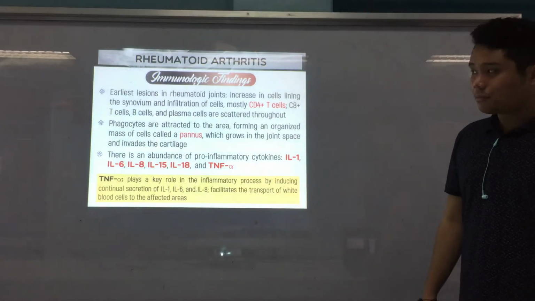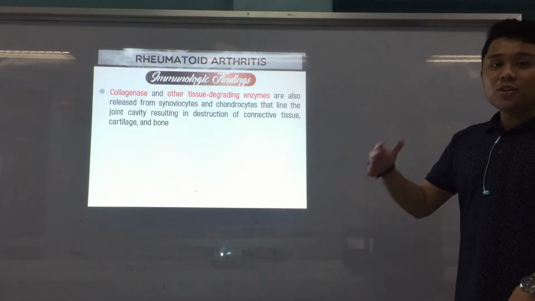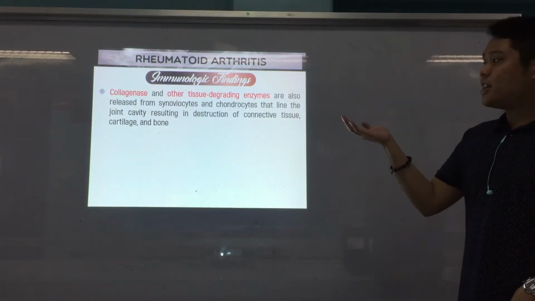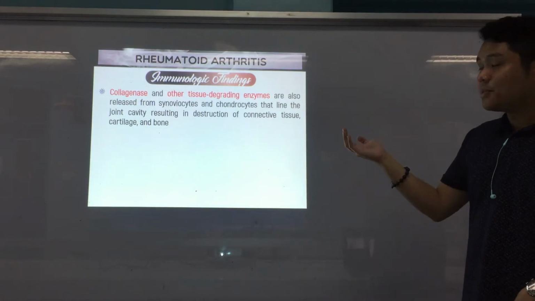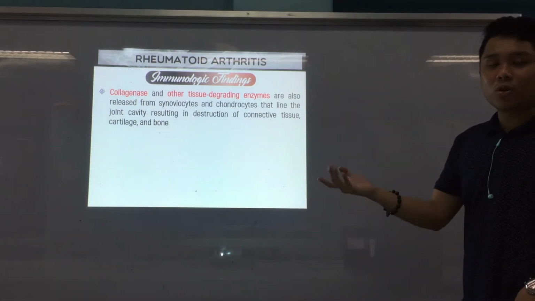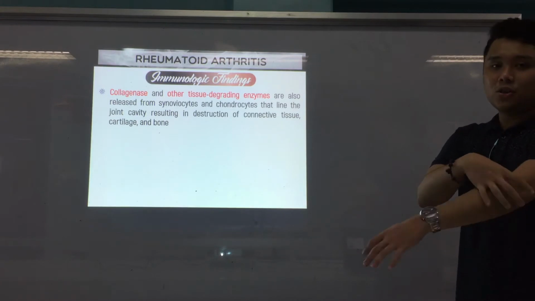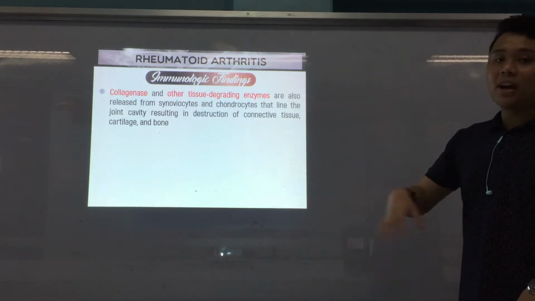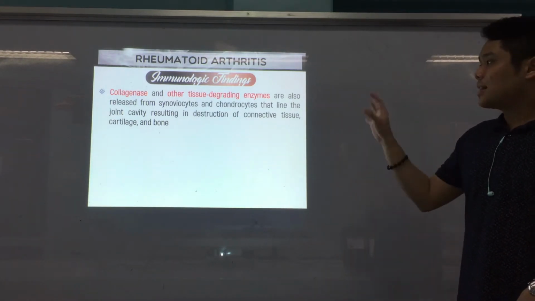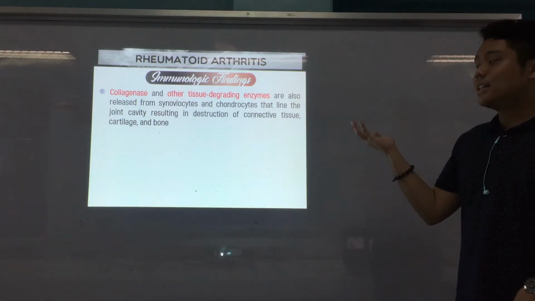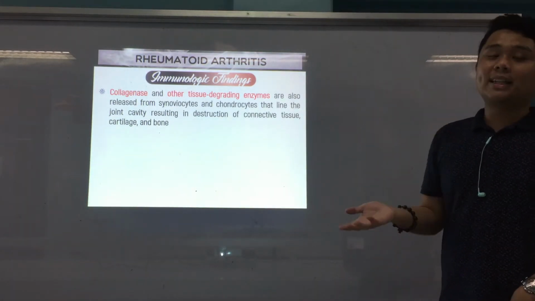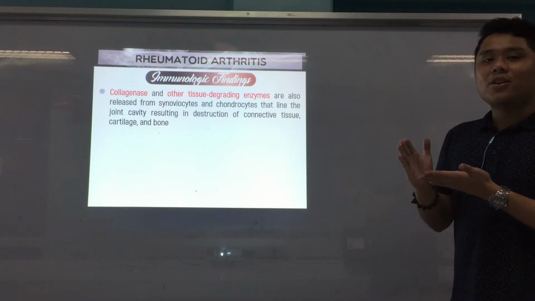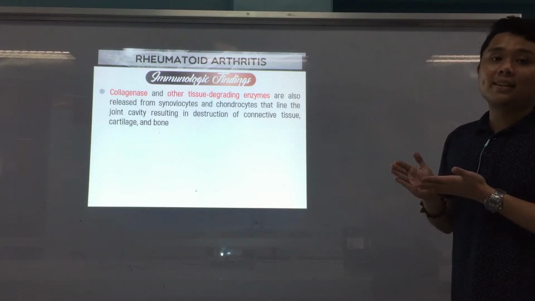Now, because of that, collagenase and other tissue-degrading enzymes are released from synoviocytes, or cells in your synovium in the joint cavity, and chondrocytes, or your cells in the cartilage that line the joint cavity, resulting in the destruction of connective tissue, cartilage, and bone. So it's like a cascade, with consequences following one another.